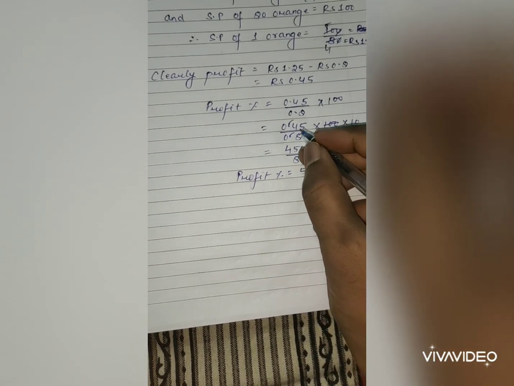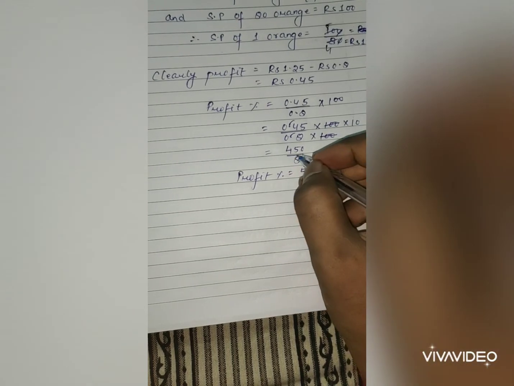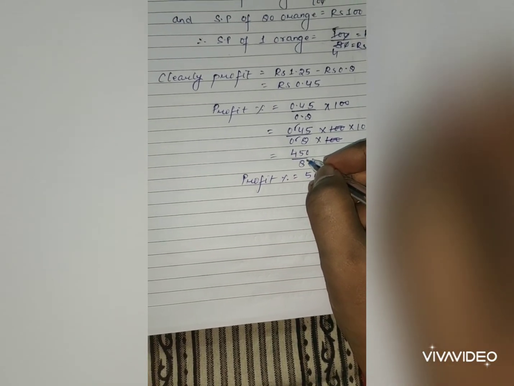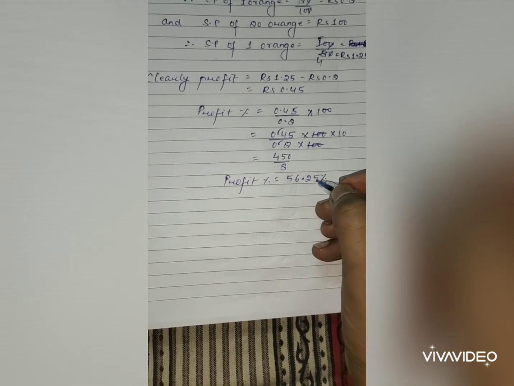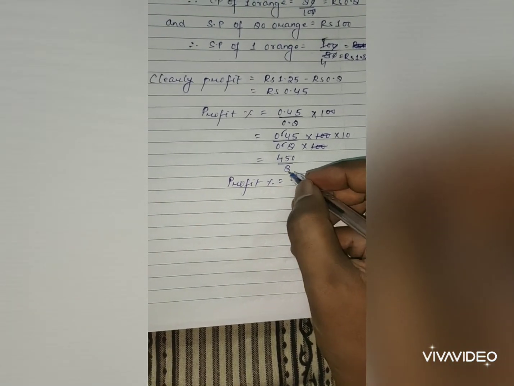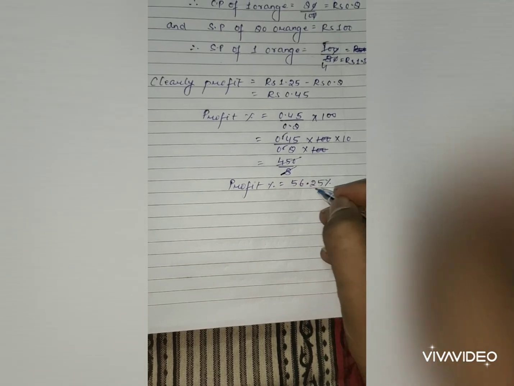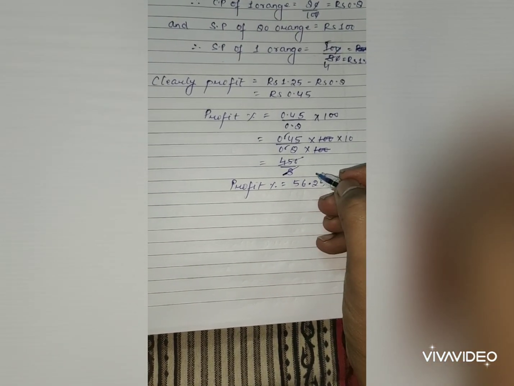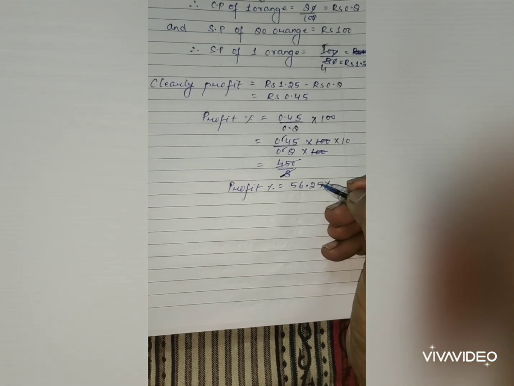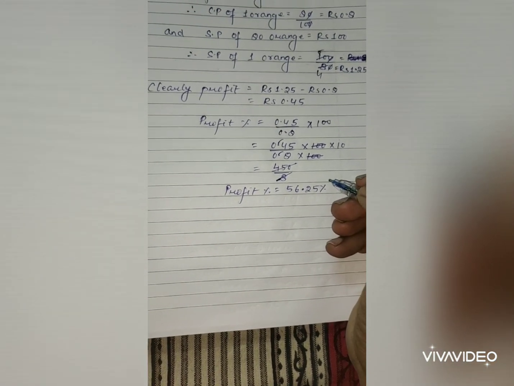So this will be 45 multiplied by 10 means 450 upon 8. So you are getting profit percent as 56.25. You can easily do it, and if you are not getting the answer, please tell me.